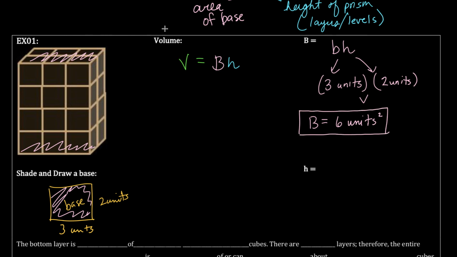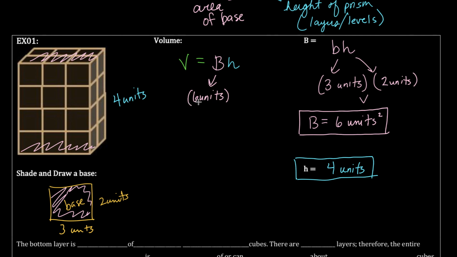The height of my entire prism, which I made blue, is 1, 2, 3, 4 units. And so I'm going to do 6 units squared, 6 square units, and multiply by my height, which is 4 units.